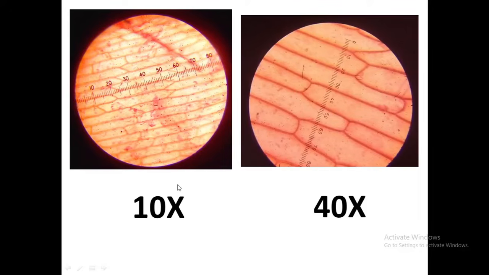As you can see in these two photographs, 10x power has been used to measure the length of a cell, whereas 40x is recommended when we are trying to measure the width of the same cell.